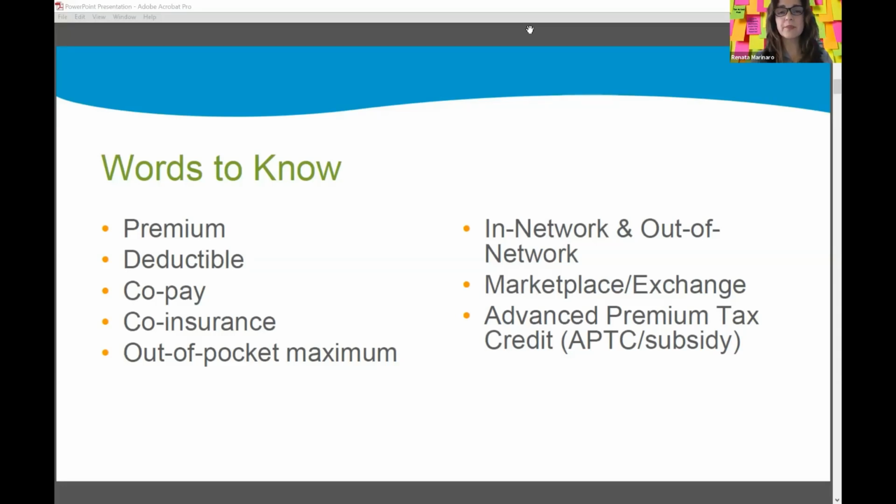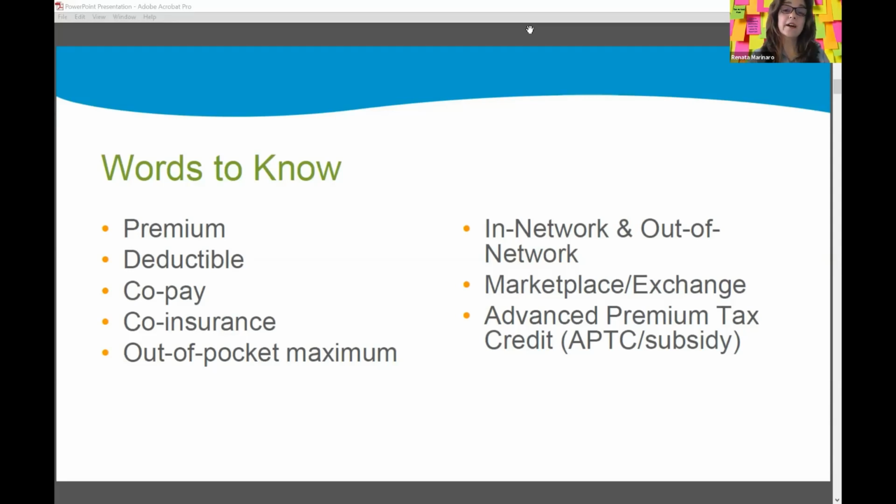Co-insurance is a percentage of the bill, and co-insurance more accurately reflects the insanity of medical costs, because co-insurance is a percentage of the actual medical cost. So let's say in New York City right now, it costs about $4,000 a night for a bed in a hospital.